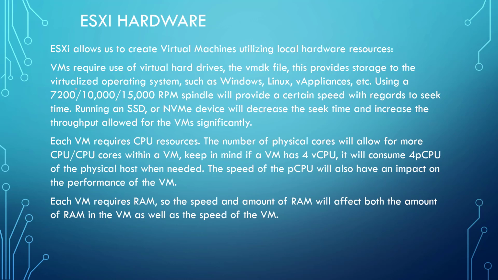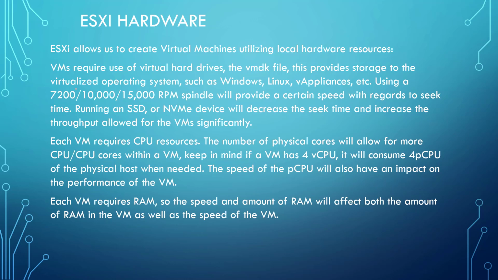Running SSD or NVMe devices will decrease that seek time and increase the throughput allowed for the VMs significantly. So anytime you have the ability to run an SSD or NVMe as your physical hard drives, it's probably a good idea. So each VM requires CPU resources as well.